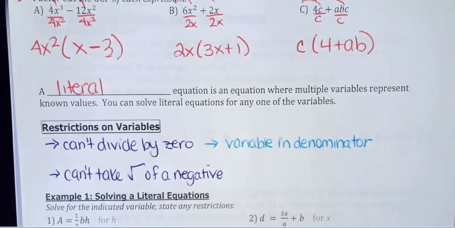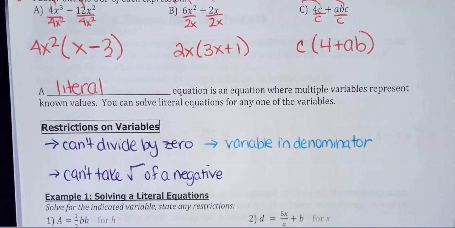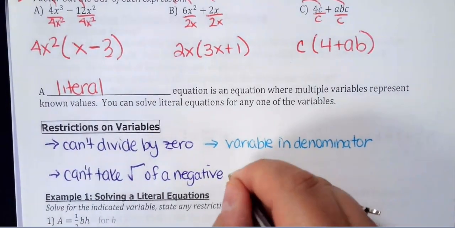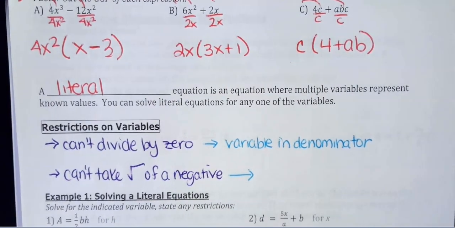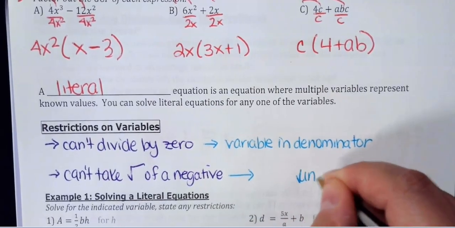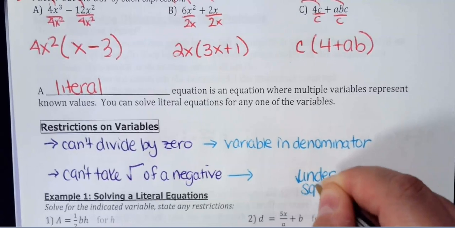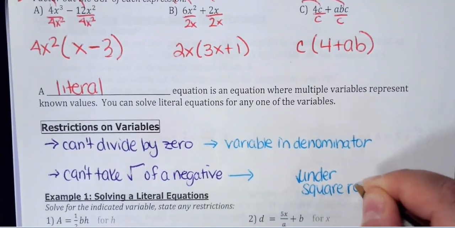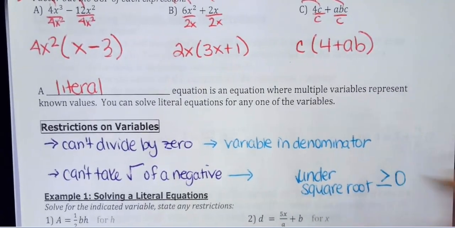It is okay to take the square root of 0, but you cannot take the square root of a negative number. There's only one problem like this in the notes today, but just to show you how to take care of that, you take whatever is under the square root and set it greater than or equal to 0.